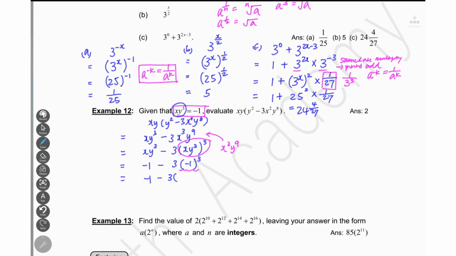So negative 1 to the power of 3, you will get still a negative 1. A negative number raised to an odd number power, you will still get a negative answer. So negative 1 plus 3, you're going to get 2.